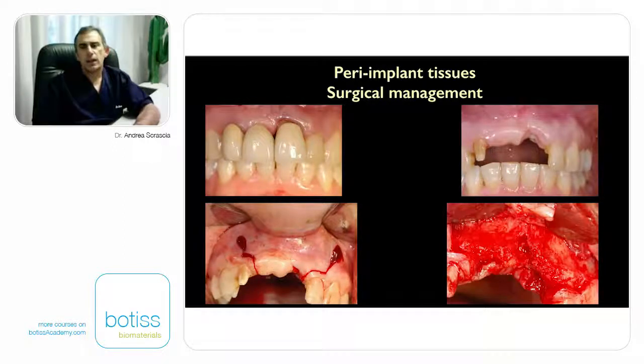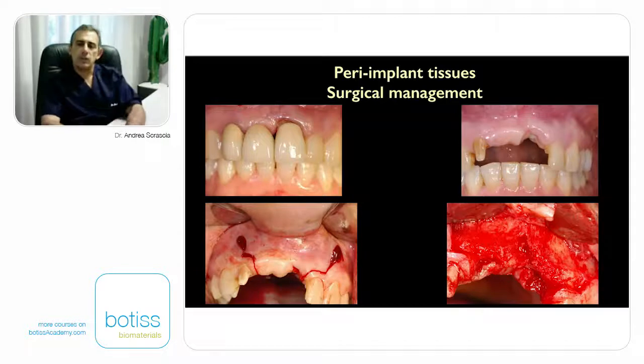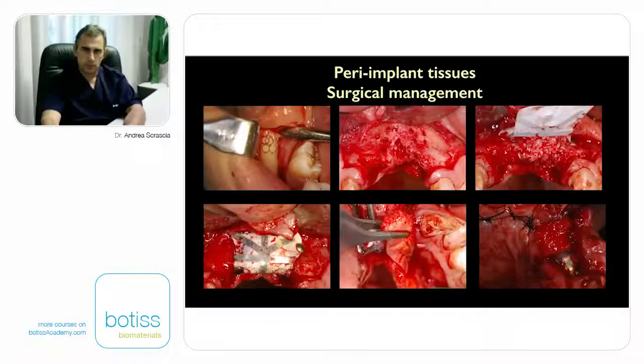Next clinical case, a 50-year-old patient at the clinic for the fracture of the same central left incisor. Still to notice the incision lines, we can see vertical and horizontal bone defects with loss of the buccal plate. Bone regeneration with a non-absorbable membrane was executed with bone chips extracted from the ramus to increase the volume of the soft tissues.